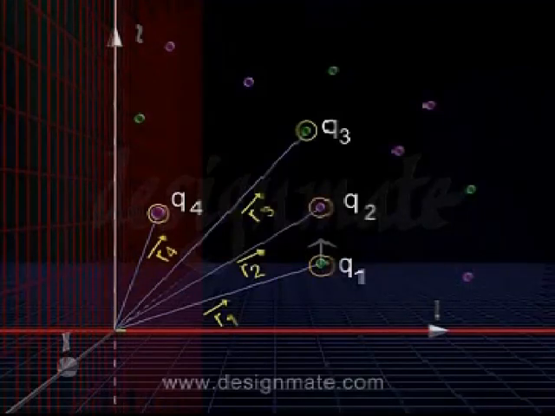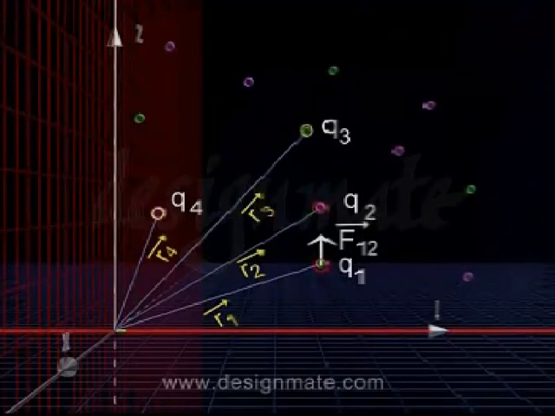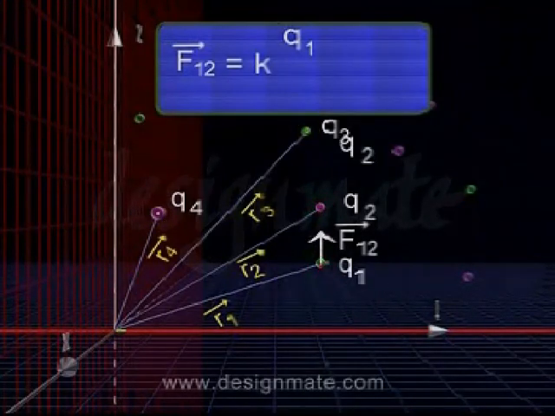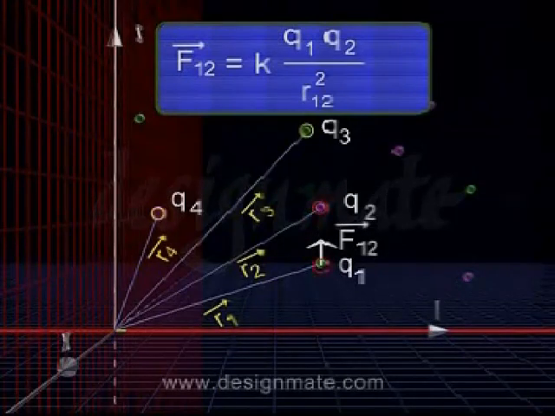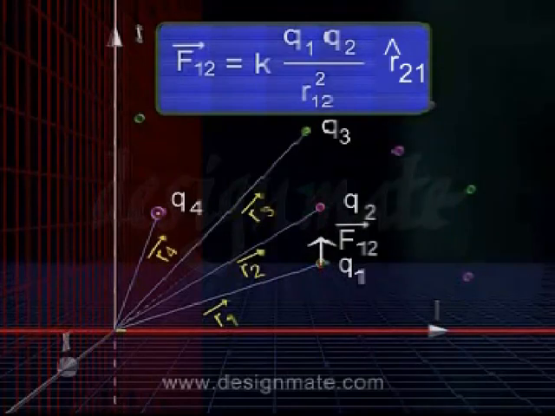Force on Q1 due to Q2, vector F12, is equal to K into Q1 Q2 upon R12 square into R21 cap vector.